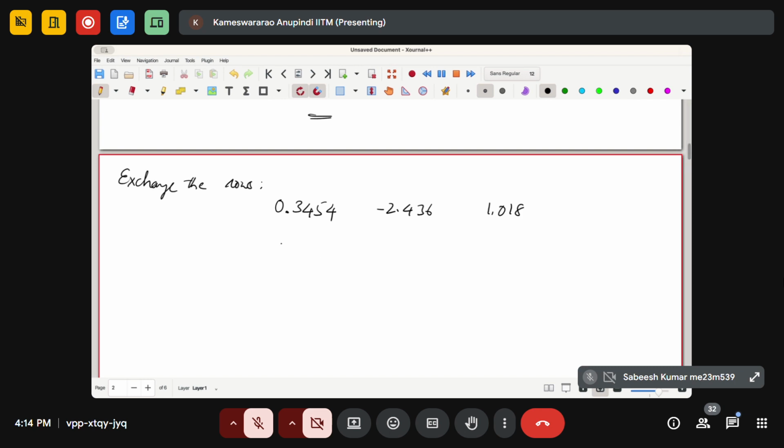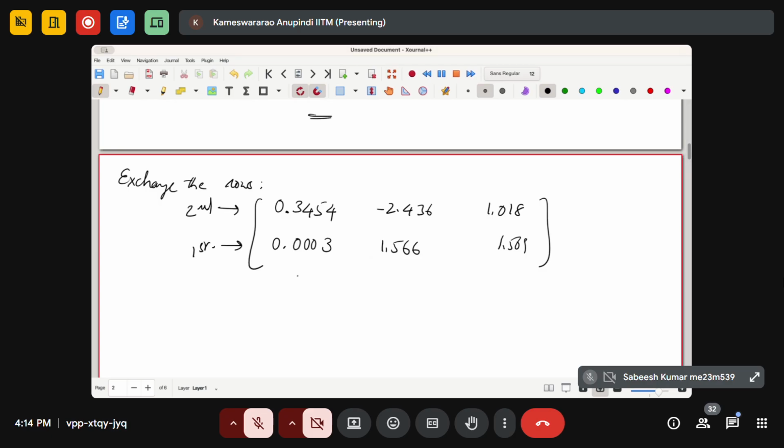That is my second equation originally, which I'm writing first, and then this is going to be 0.0003, 1.566, and then I have 1.569. So this was our original second equation, and this is our original first equation. I just interchanged these two.